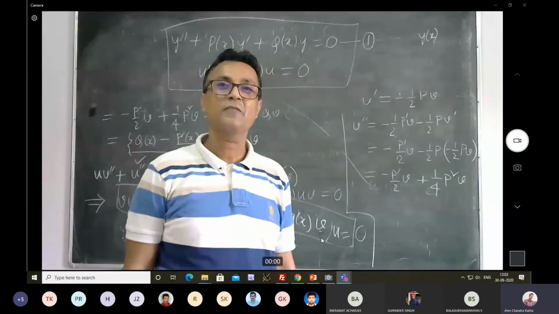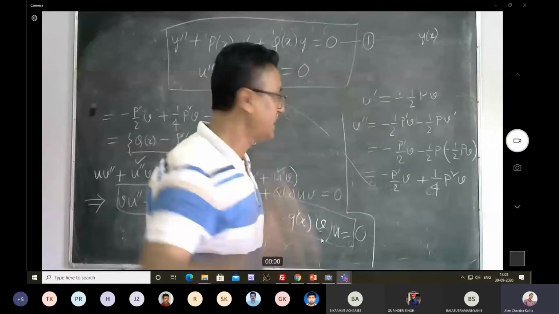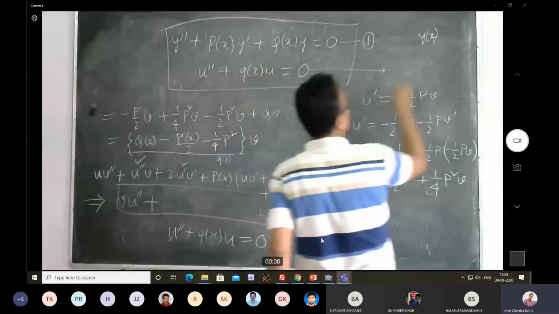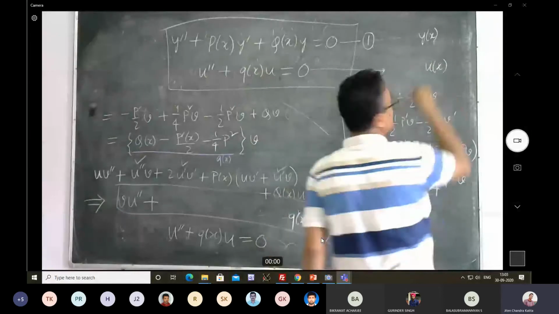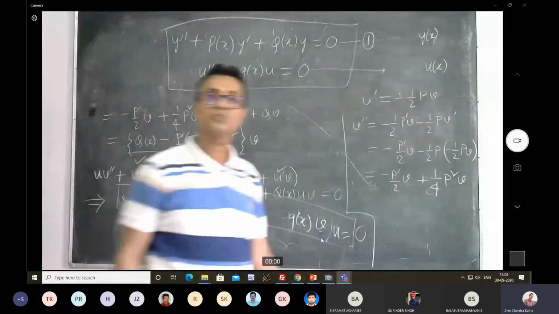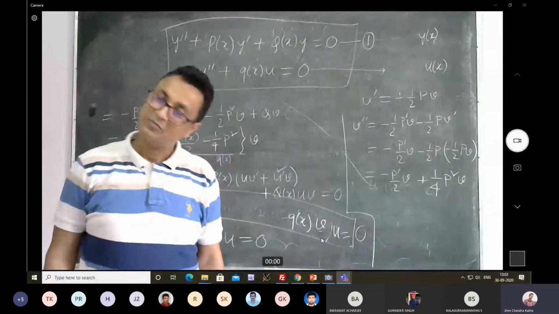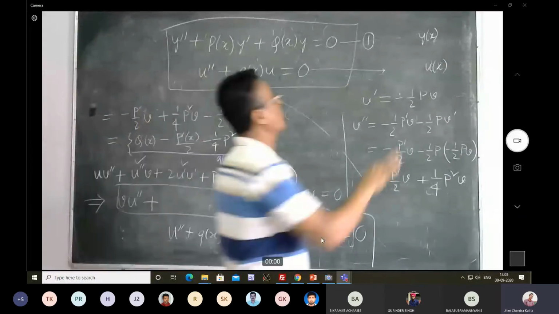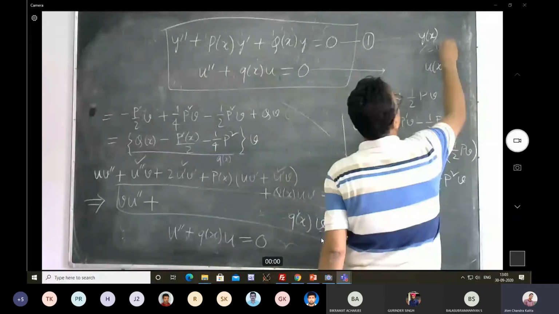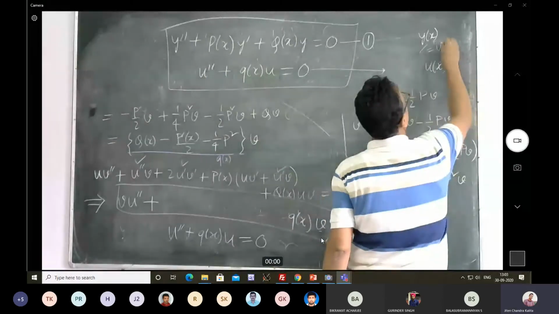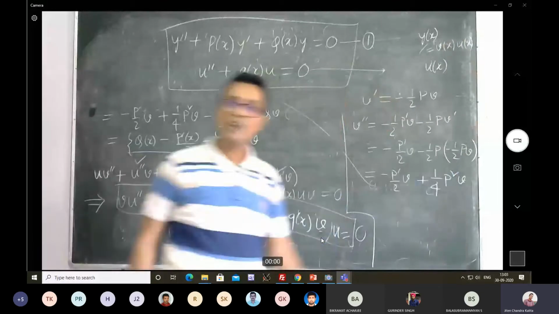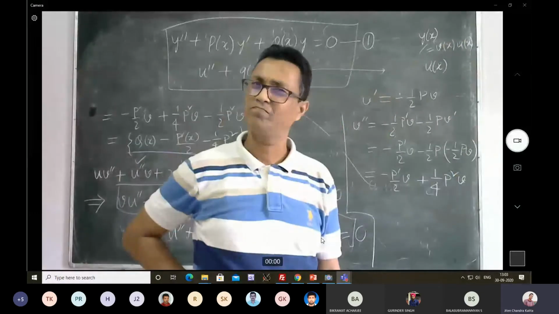Then from here, if I study this equation, its solutions are going to come as ux. So far so good. But what is yx? yx is equal to vx into ux.